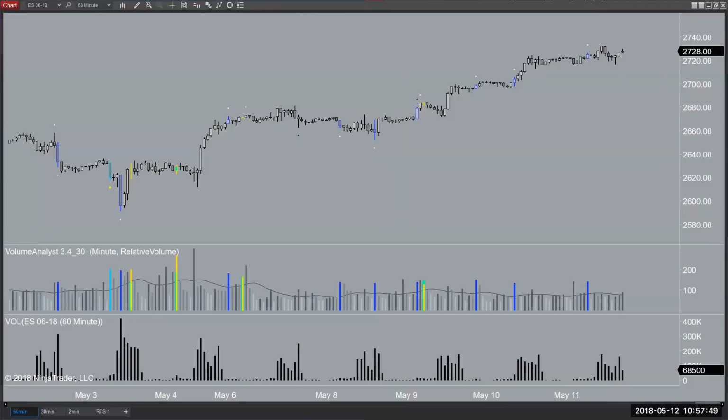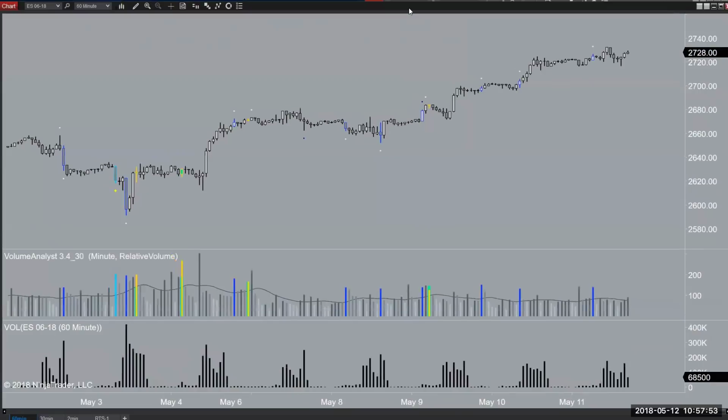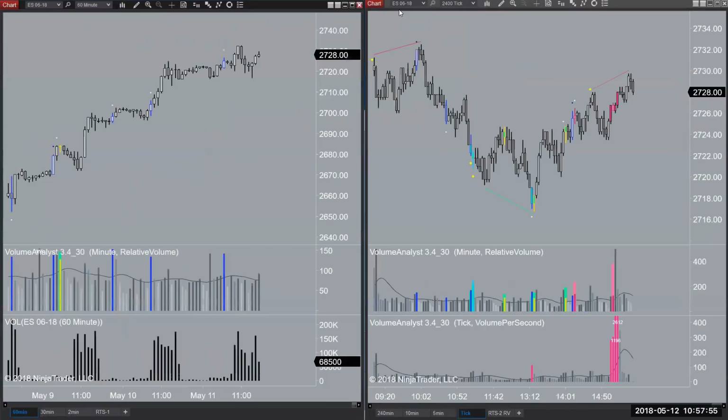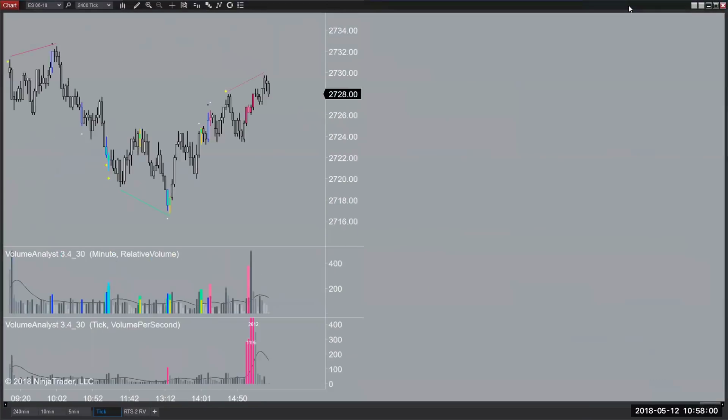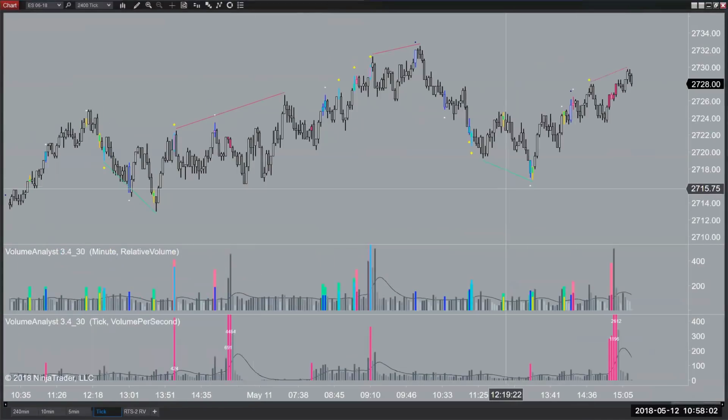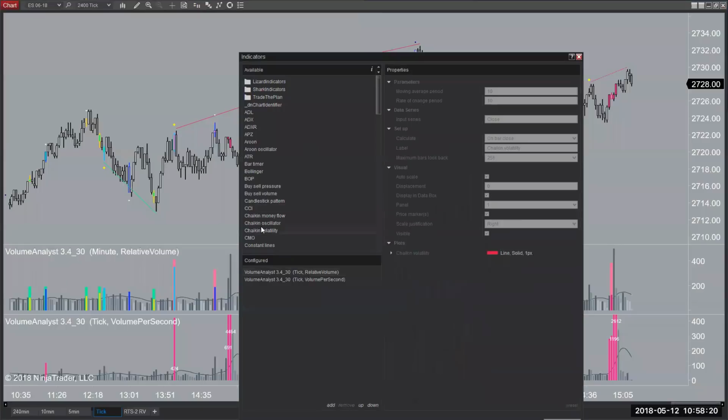So when we look at a tick chart, let me just show you a tick chart here. This is a tick chart of the ES. It's a 2400 tick. Let me add the raw volume here so you get a full idea as to what I'm talking about.